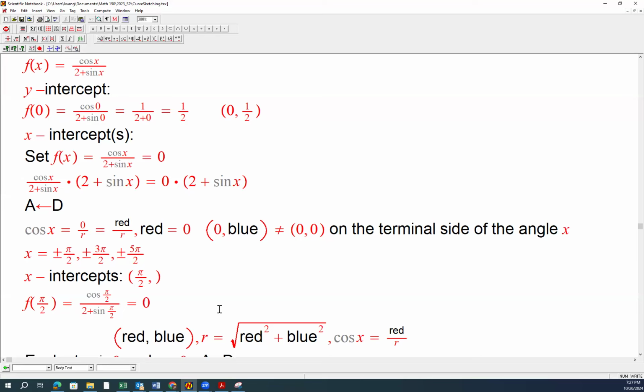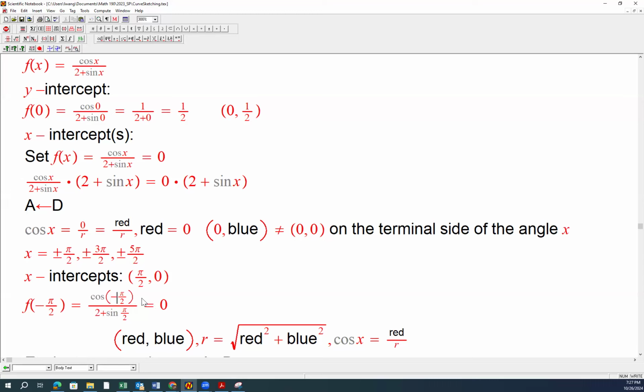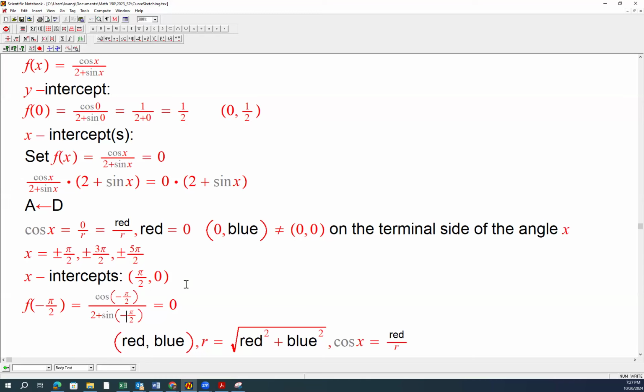Denominator is not 0. Denominator is always positive. So the first x-intercept we express here is pi over 2 comma 0. And if it's negative pi over 2, this is going to be negative pi over 2, and it's still 0 because the cosine of negative pi over 2 is 0. So another x-intercept would be negative pi over 2 comma 0.